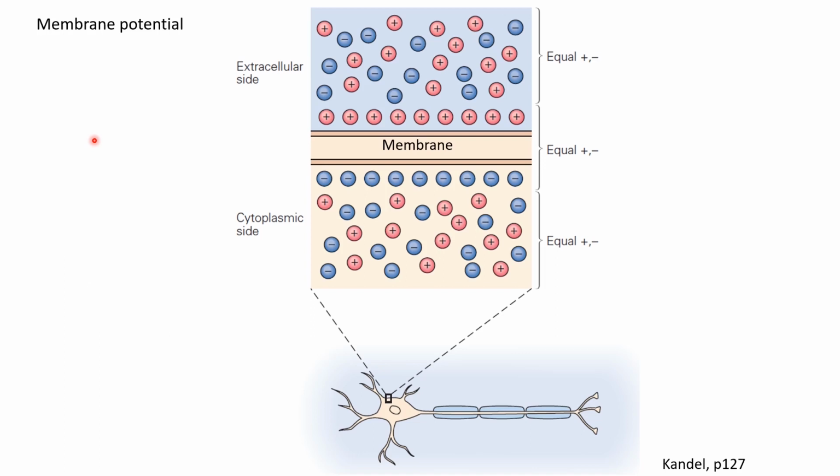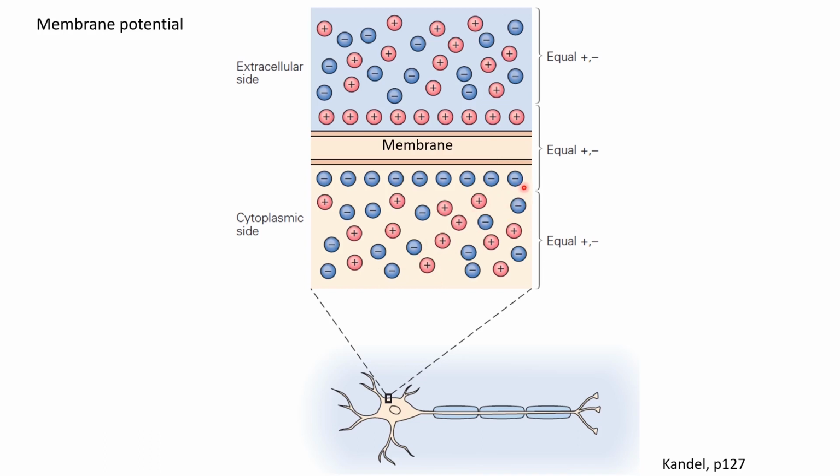And the reason this value is negative is because there is more negative charge inside the neuron compared to outside. There are actually both positively and negatively charged ions inside and outside. It's not that there are only negative ions here and only positive ions here. It's just that the number of negative ions inside is slightly more than outside, and you can imagine that the negative charges would repel each other and they would try to move as far as they can.